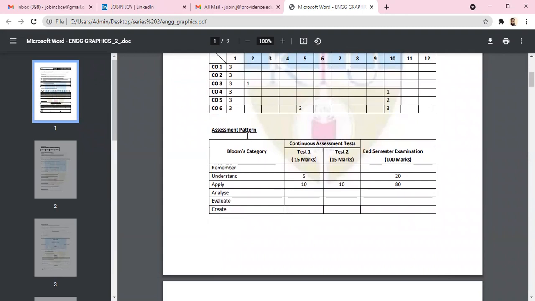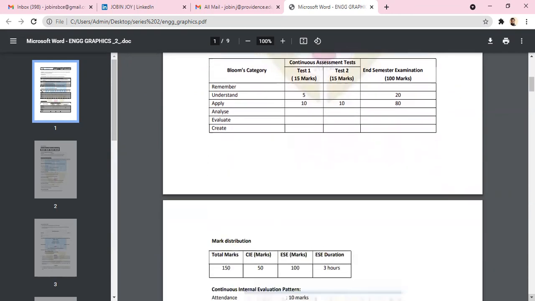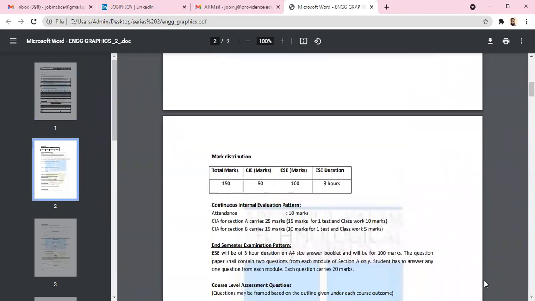And this is the assessment pattern, based on Bloom's category: remember, understand, apply, analyze, evaluate, create. So the assessment pattern will be based on Bloom's category. This is the mark distribution. Total marks is 150.